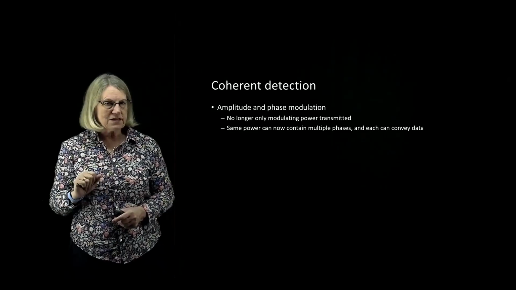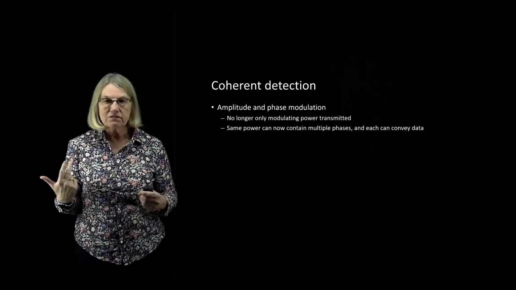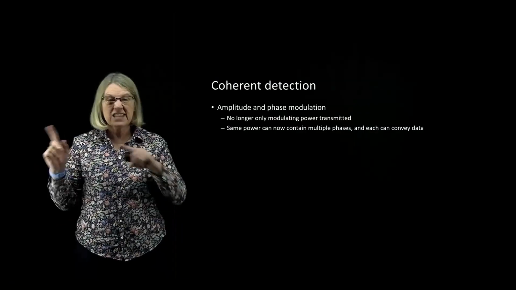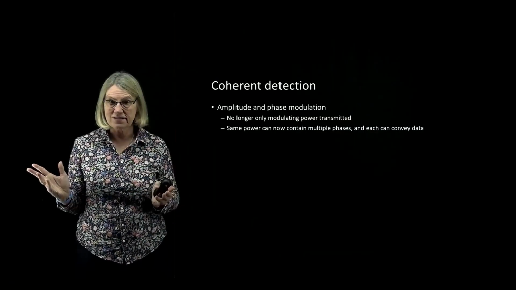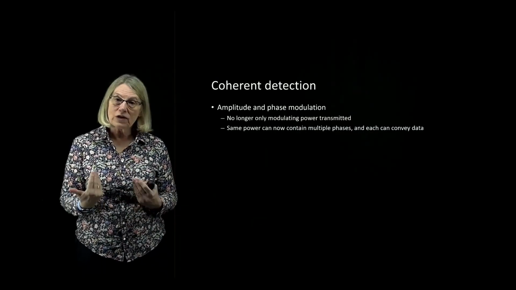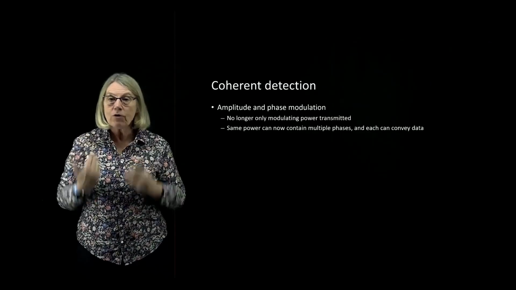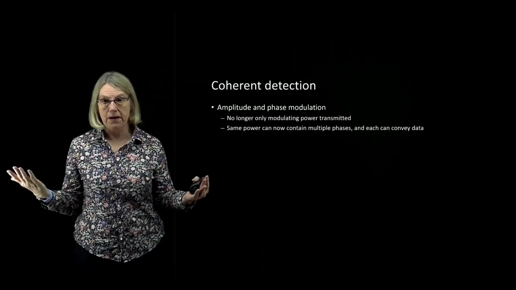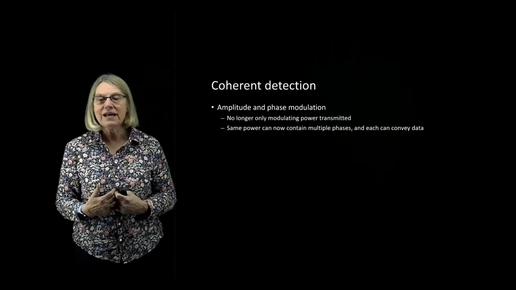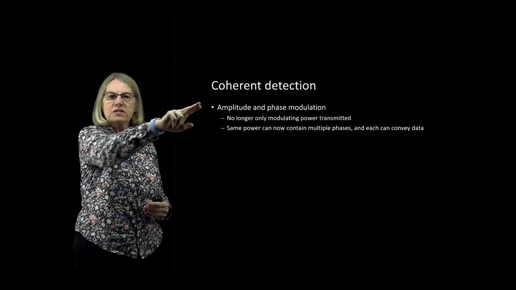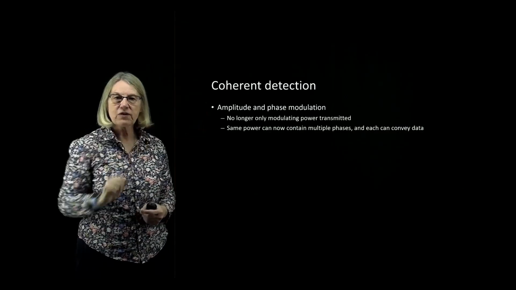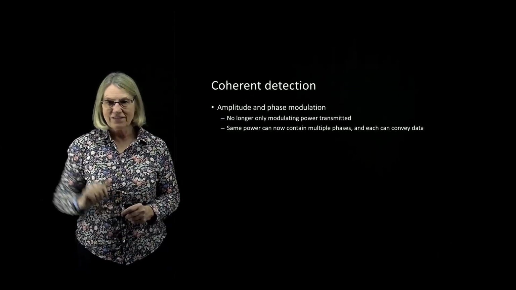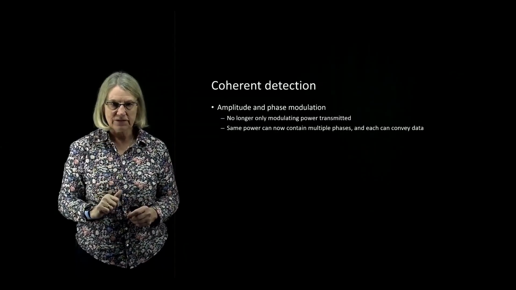What this means is that for some information symbols, they will have the same amplitude, and what distinguishes them is their phase. That means that I can no longer rely just on power detection, because if the only thing different is the phase, of course they'll have the same power, and detecting power alone is not sufficient for me to exploit this idea of transmitting information on two different dimensions, the amplitude dimension and the phase dimension.